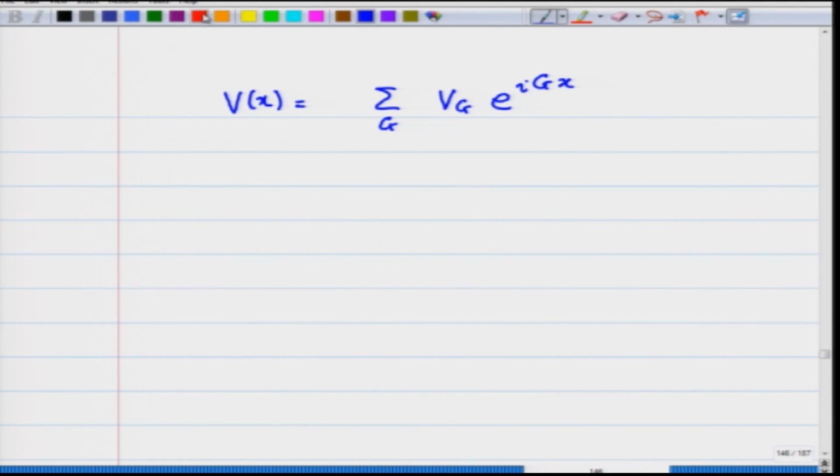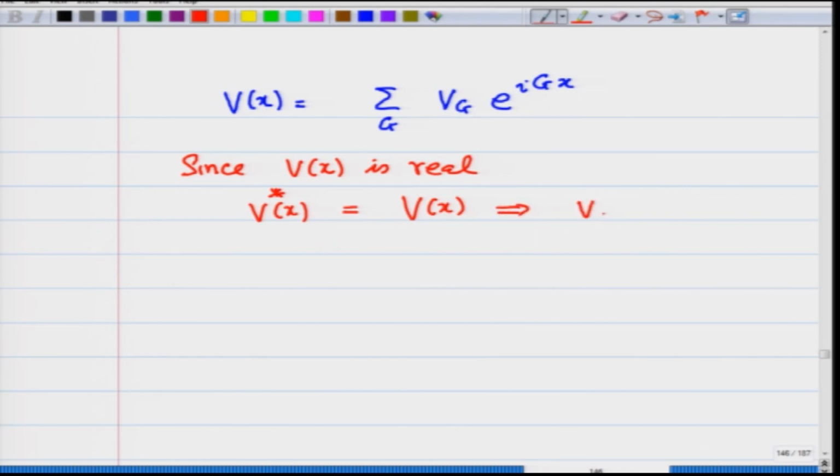Now, since V x is real, that means V x star, or complex conjugate, is the same as V x. So, this implies V G star is going to be equal to V minus G. This follows from the potential being real.